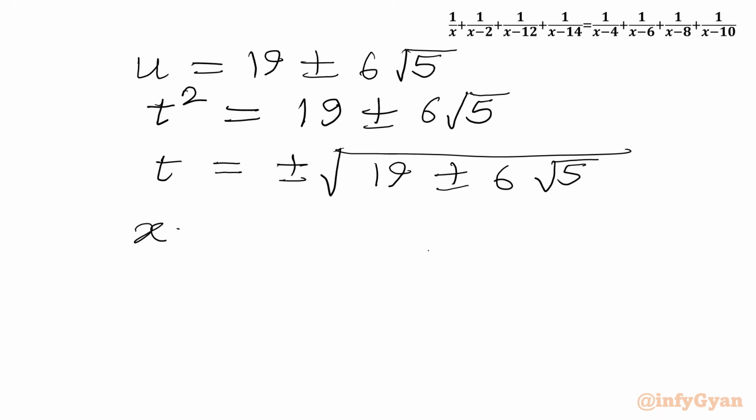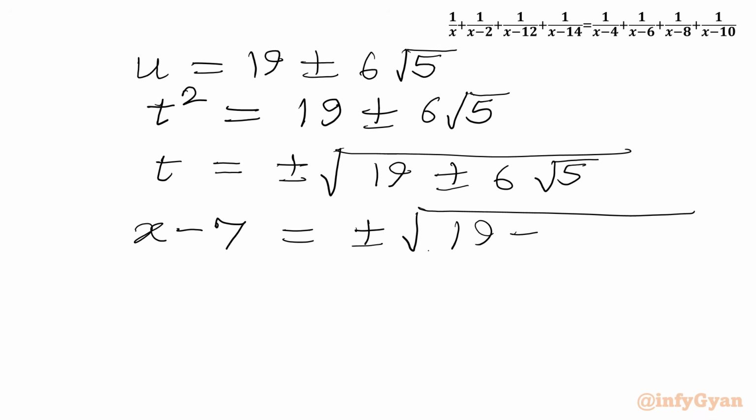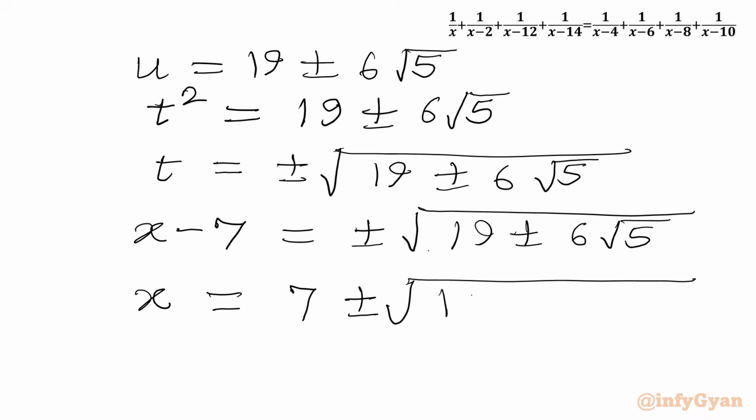So we can write x minus 7 equal to plus minus square root of 19 plus minus 6 square root 5. We'll add 7 to both sides. So x will become 7 plus minus square root of 19 plus minus 6 square root 5.